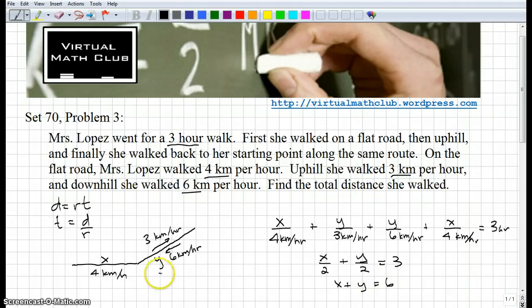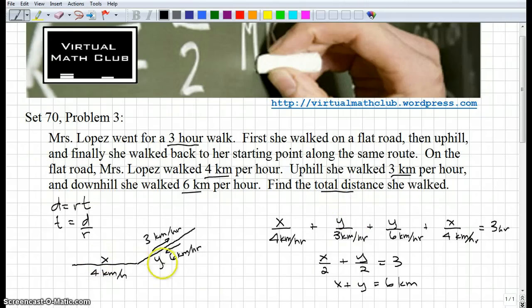So what does that tell us? That tells us that the distance for a one-way trip, where she gets to the top of the hill, is x plus y, which is 6. Our units are kilometers, because our rate is in kilometers per hour and our time is in hours. So this gives us 6 kilometers. But that's not her whole route, not the total distance.